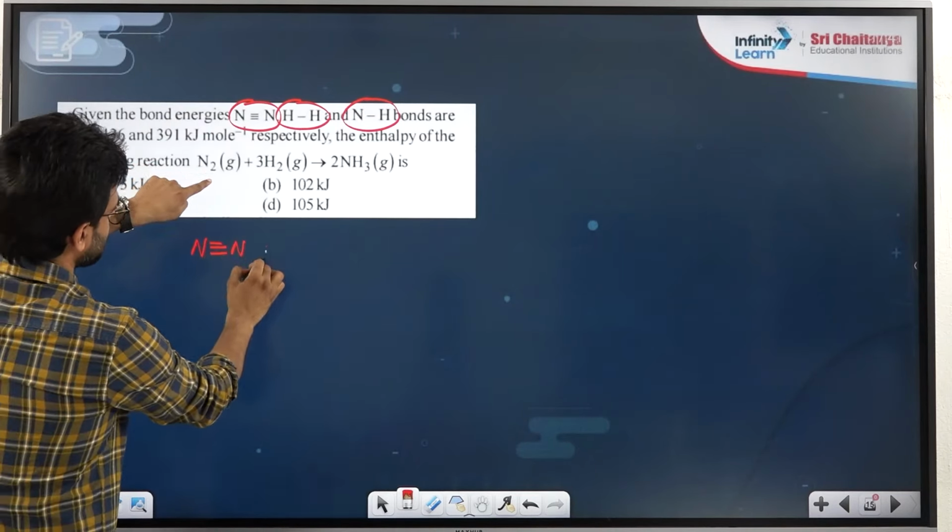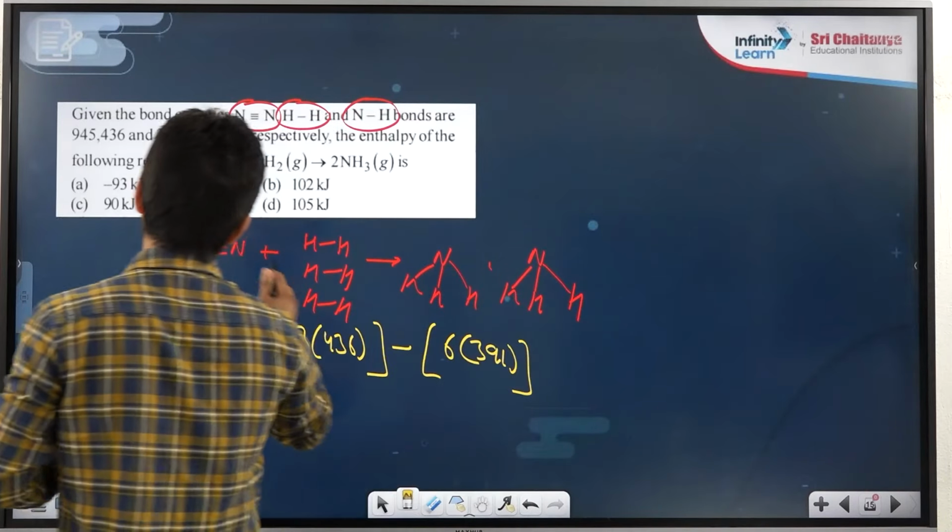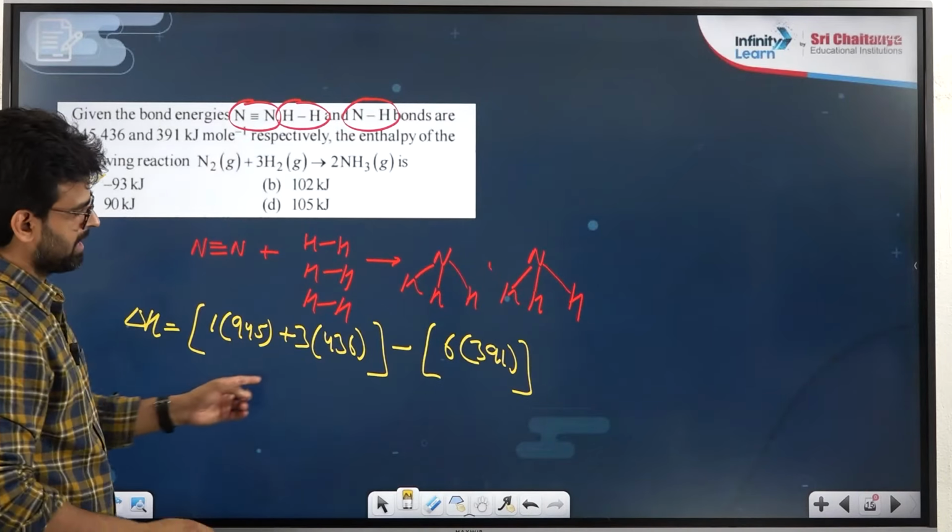What is the product here? Ammonia has NH bonds, right? So 6 moles. 6 moles given here. 6 into what? 391. Okay? You can solve these things very easily, right? What is the point? Bond enthalpy of reactants minus bond enthalpy of product. You can solve this and you will get the answer easily. I think you will get minus 93 from here. Okay, done?